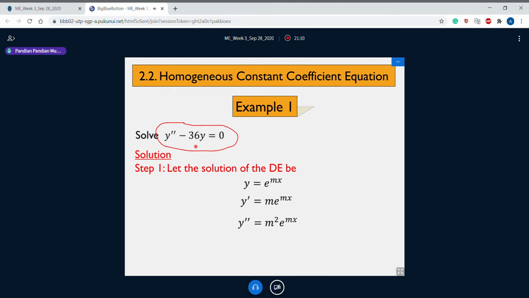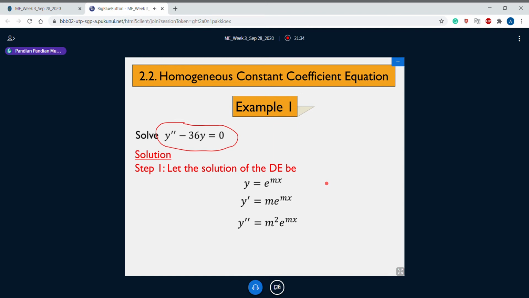But here, they repeat the steps: step 1, step 2, and then finally step 3. This is a good exercise for you, just to try to show for this particular problem how to find the final answer. So y double dash minus 36y equals 0.